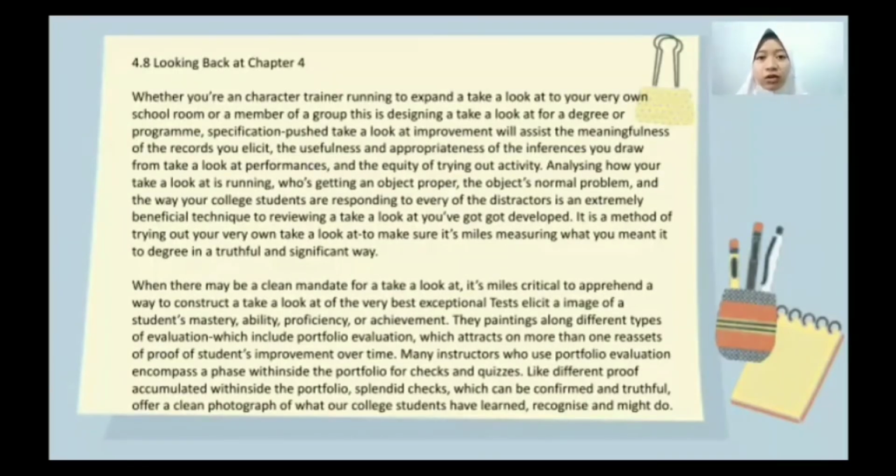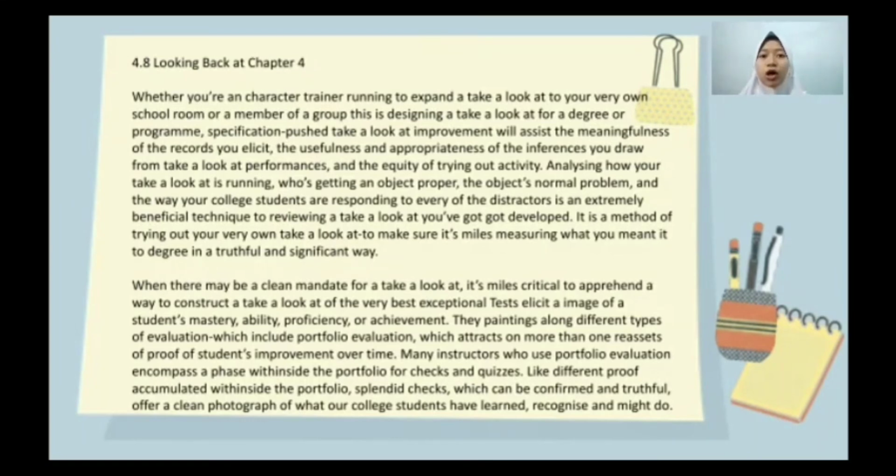And then, looking back at chapter 4, whether you are an individual teacher working to develop the test for your own classroom or a member of a group designing a test for a level 4 program, specification driven test development will help the meaningfulness of the data you elicit, the usefulness and appropriateness of the inferences you draw from test performance, and fairness of the testing activity.